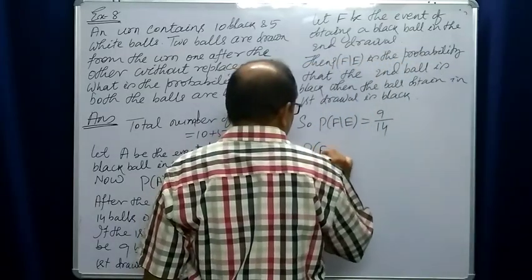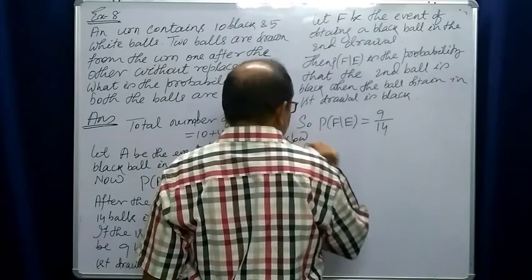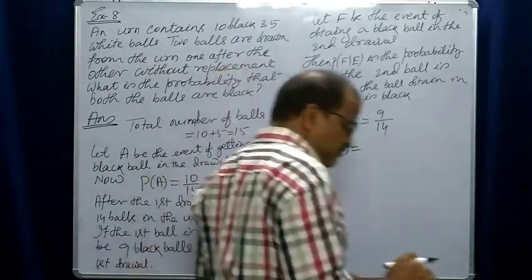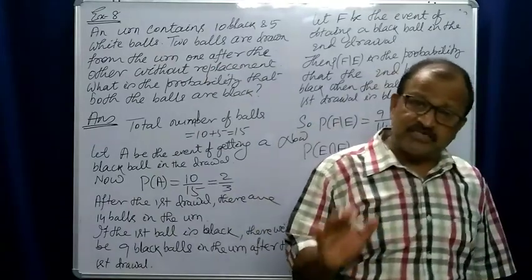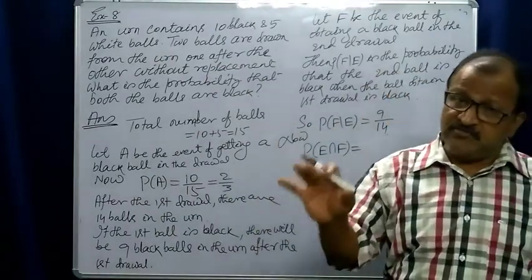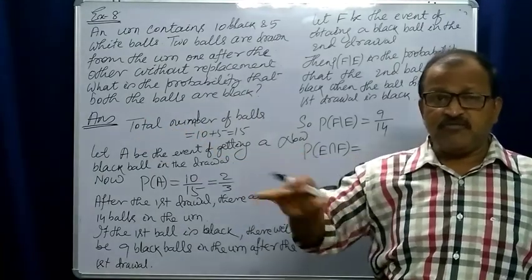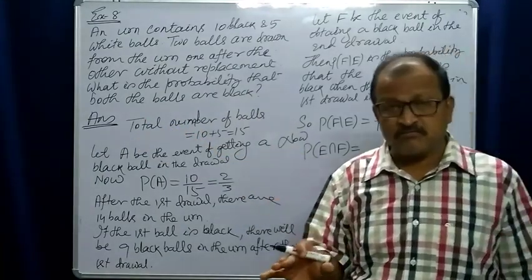Now for the probability of E intersection F: E is the event that the first ball is black, F is the event that the second ball is black. So E intersection F will be that both the balls are black, right?